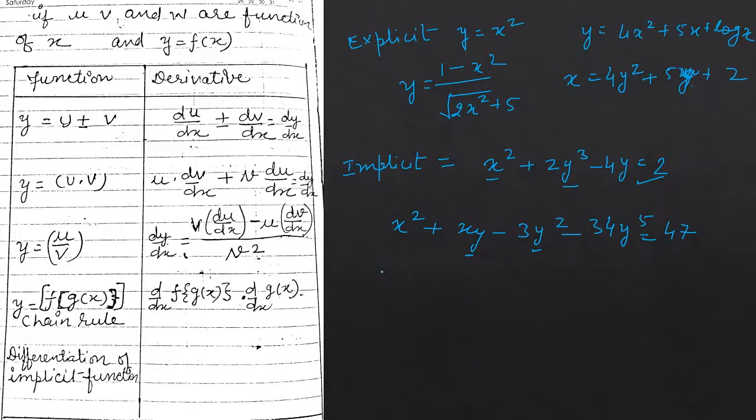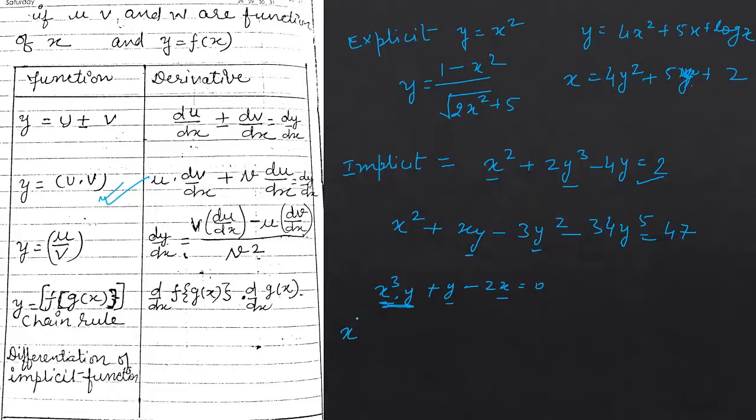For example, if the function is x cube y plus y minus 2x is equal to 0. What will we do? We will differentiate each term separately, right? And we will consider this as a function of two terms, like one term is x cube and the second term is y, and both are multiplying, so we can apply the multiplication rule for solving this.